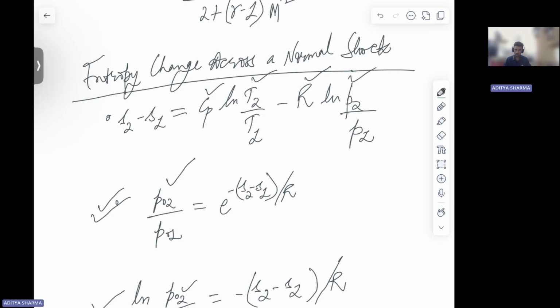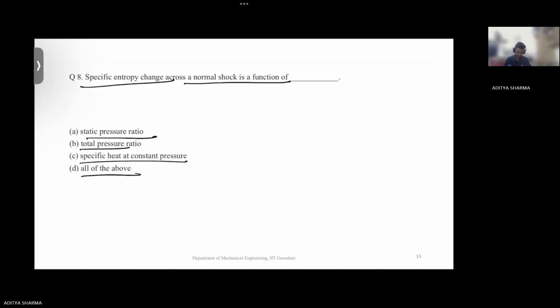Okay, so you can see that it is a function of specific heat Cp also, P naught, this also, this also. All right. So all of the above, D will be the correct answer to this question.